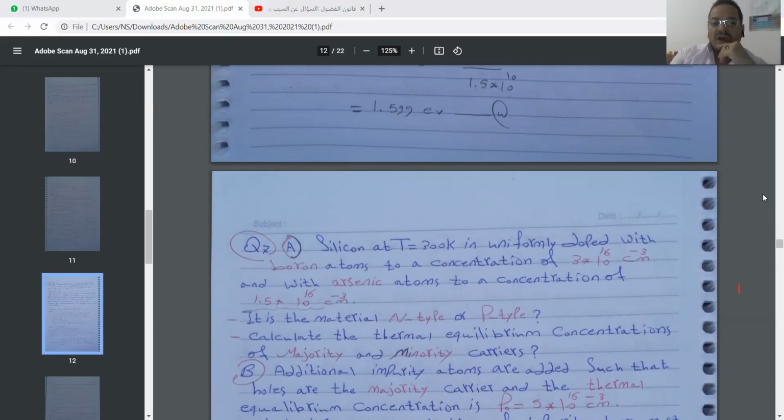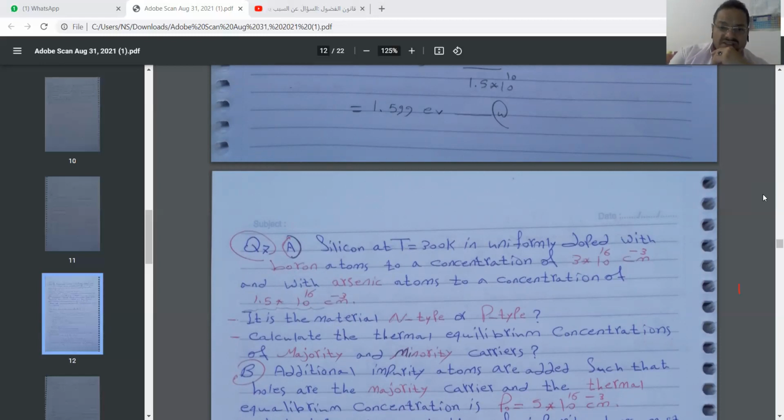Here 1.5 exponential 16 means this result equals ND, because when arsenic donates 1 electron, it takes a different charge and belongs to the N-type doping.